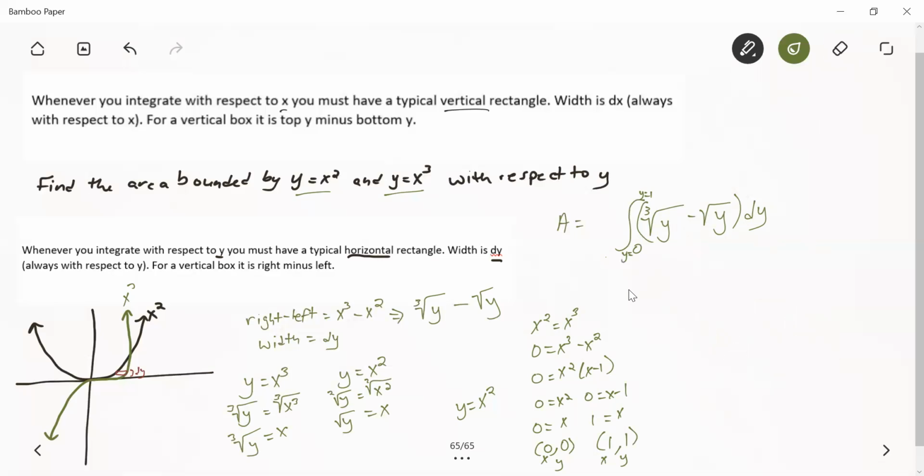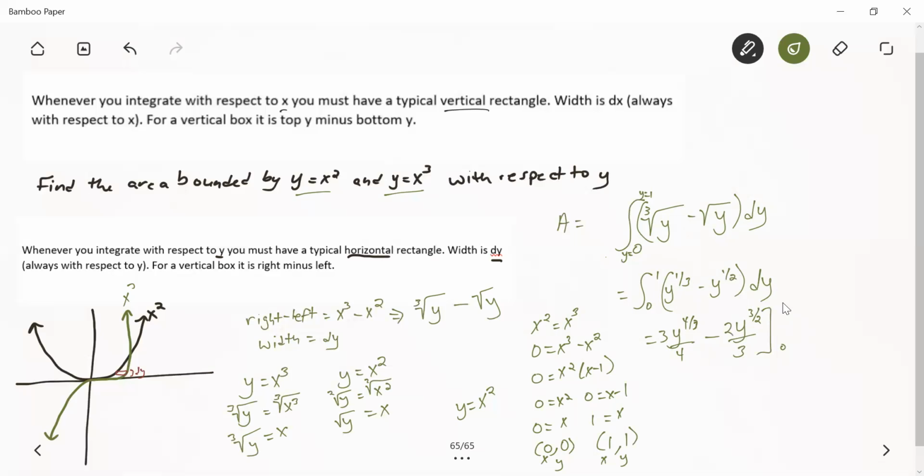So we have the cube root of y. Well, from 0 up to 1, we could say that this is y to the 1/3 minus y to the 1/2 dy, which gives us y to the 1/3 plus 1. So 1/3 plus 3 over 3 is 4/3 over 4/3 minus, that's a 3, by the way, okay? Y to the 1/2 plus 1 is y to the 1/2 plus 2 over 2 is 3/2 over 3/2.